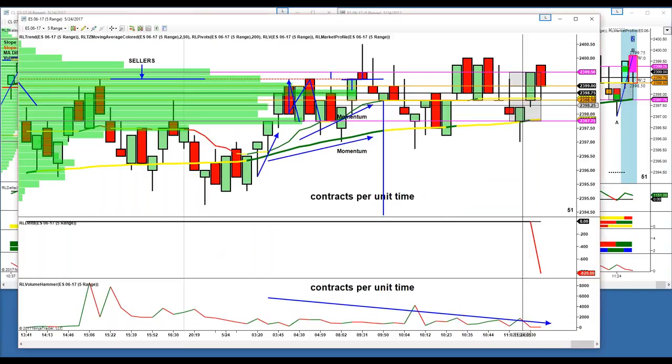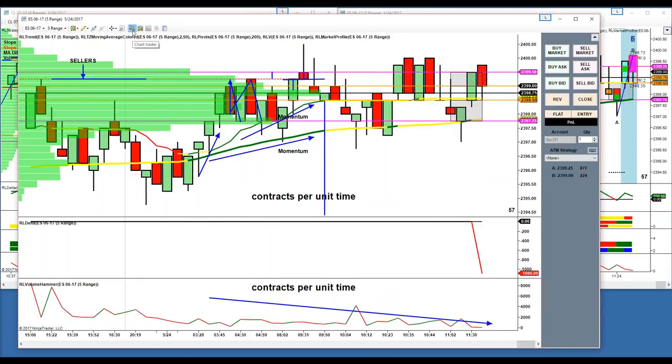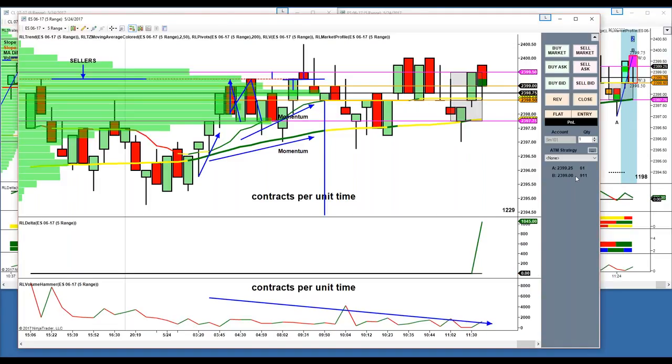Oh, here we go. I got it. You see the ask and the bid? It's simply taking the ask minus the bid and giving us whether there's more buyers or more sellers. That's all it's doing. Nothing more complicated than that. It's making it a continuous assessment of which type of trader is in excess.